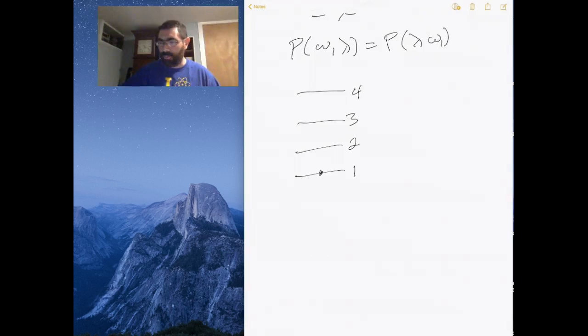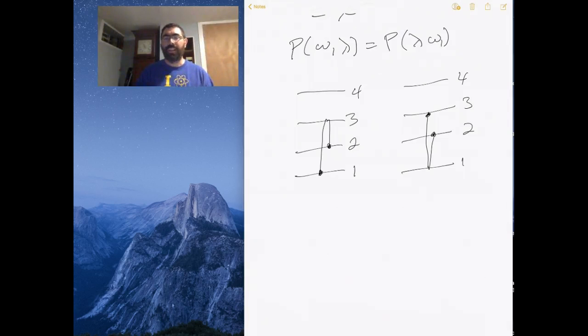We could have started in the first state, gone up to the third, and then gone down to the second, or we could have, say, started at the third, gone down to the first, and then maybe gone back up to the second. So in the end, the path we took didn't really matter. In both cases, we ended up at that second energy level.